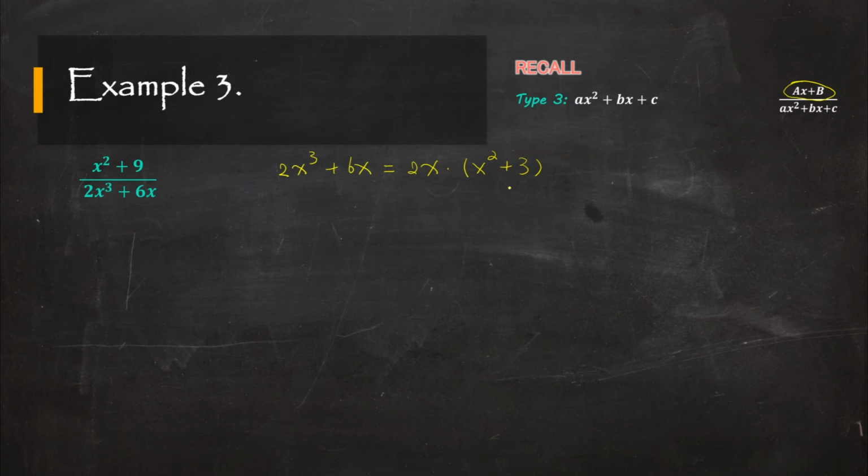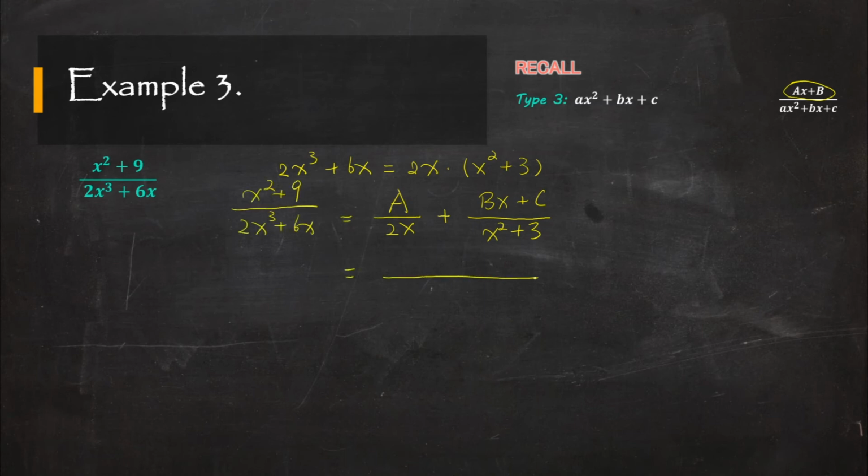Okay, so let's see. We can do a over 2x plus, this is gonna be bx plus c over x squared plus 3. And here, let me copy down the original fraction. And here we combine the two expressions.